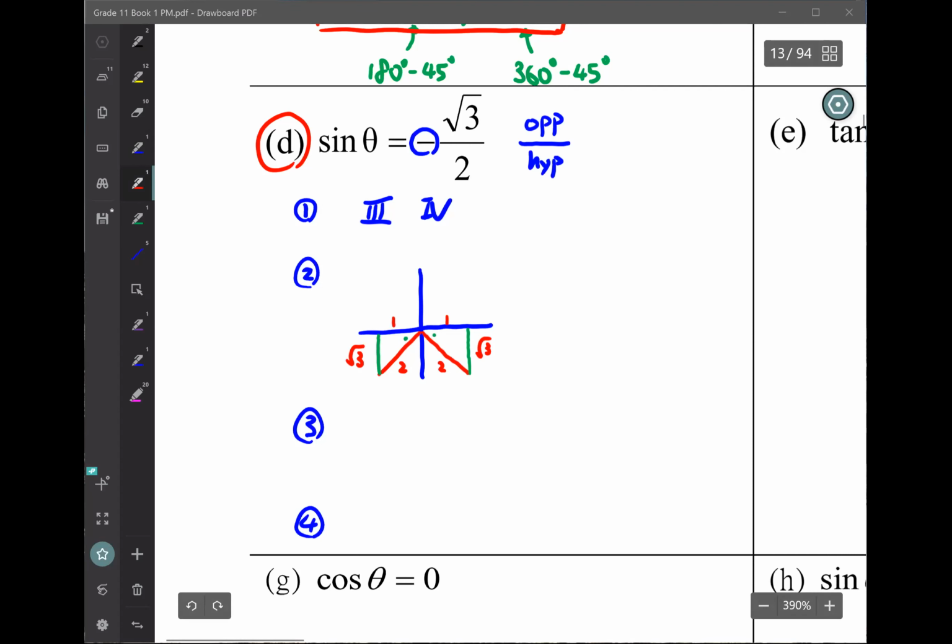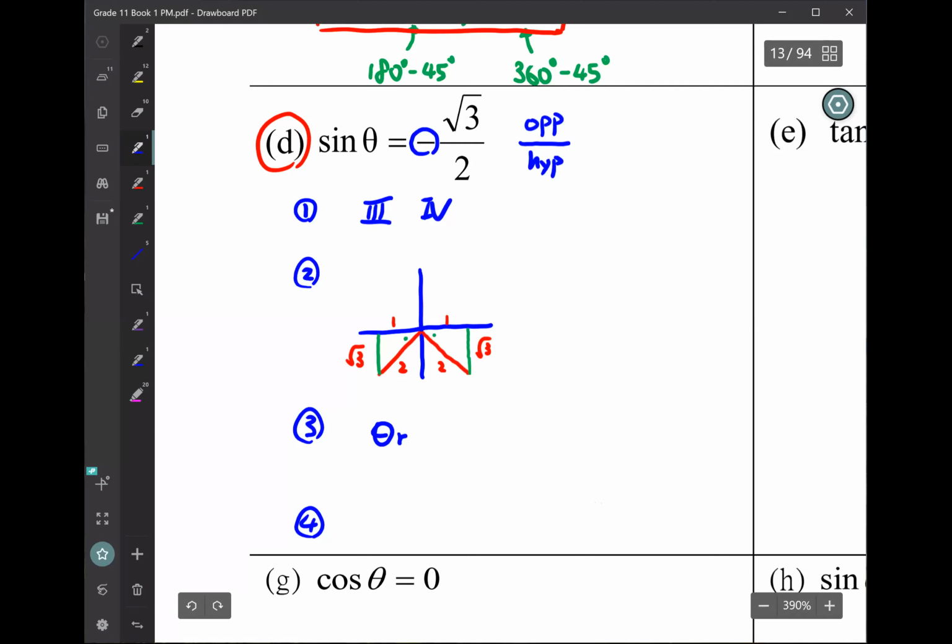Please raise your hand if you finish everything. Okay, step 3 is what? What is step 3, Evan? Find the reference angle.